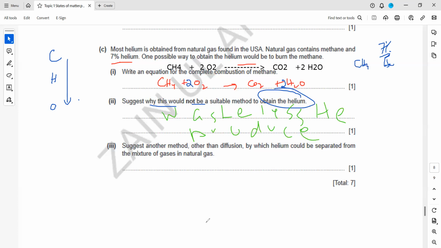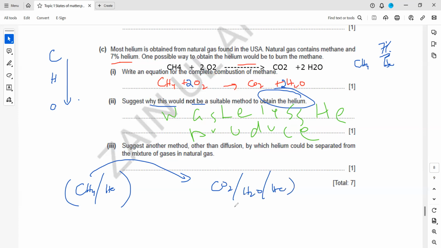You don't have to refer to the environmental effect, you can refer to the substances. First, the mixture contained methane and helium. But when you burn the methane, now the mixture will have carbon dioxide, water vapor, and helium. Now more substances are there in the mixture. As a result, it will not be suitable.